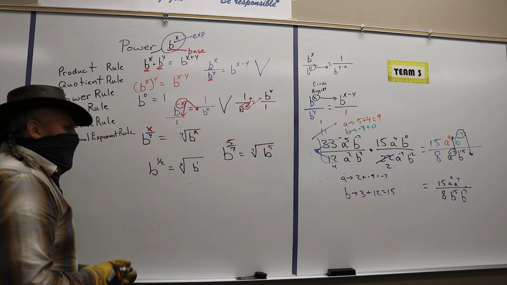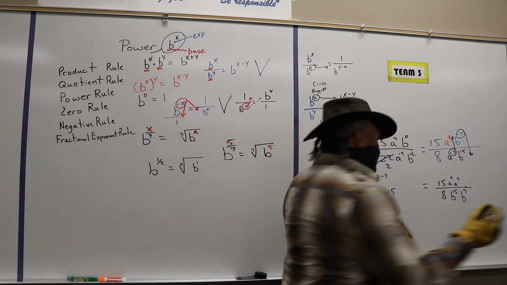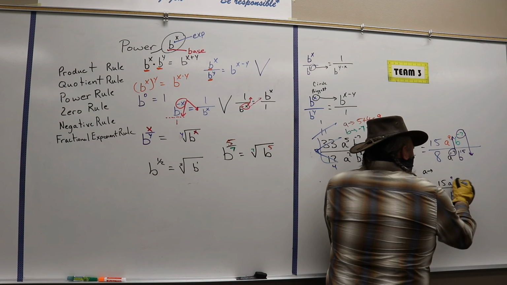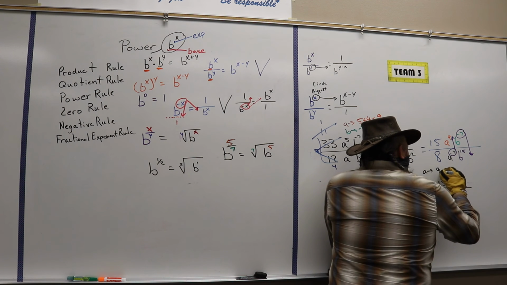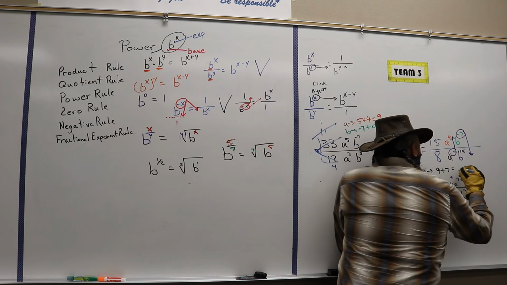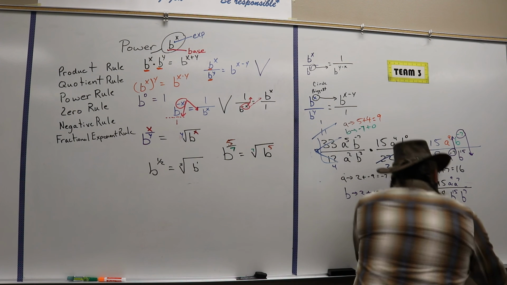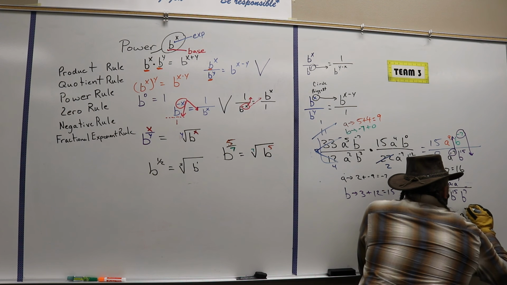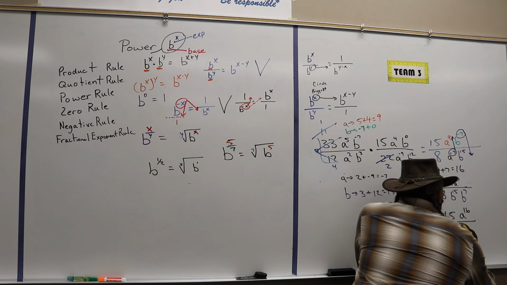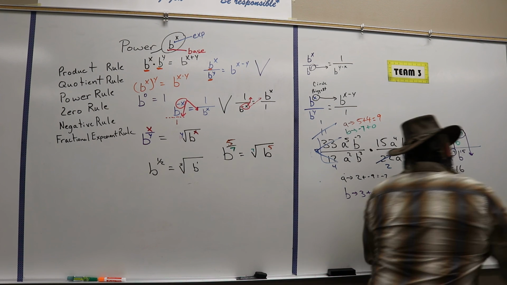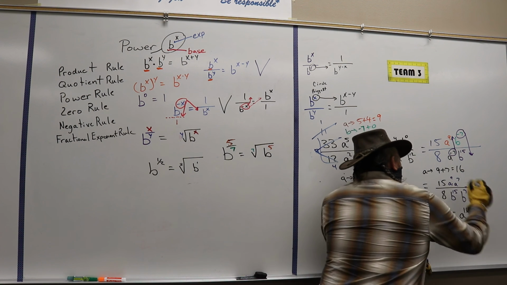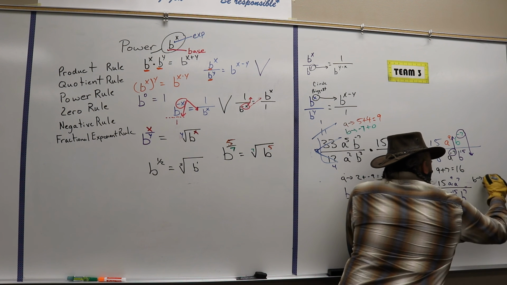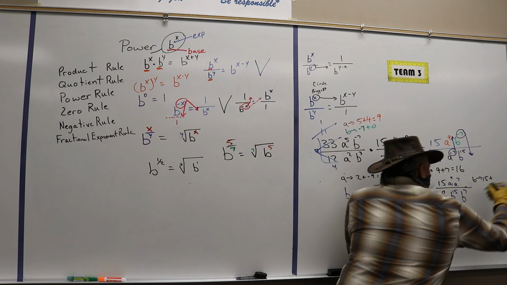And again, I get to do my little trick again. Okay, so the a's, since I'm multiplying, I can add exponents. So 9 plus 7 equals 16. So I got 15 a to the 16th over 8b, and the b's are 15 plus 7.